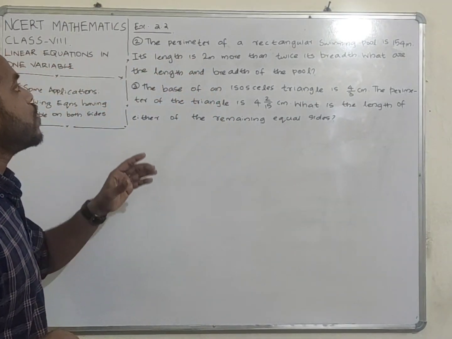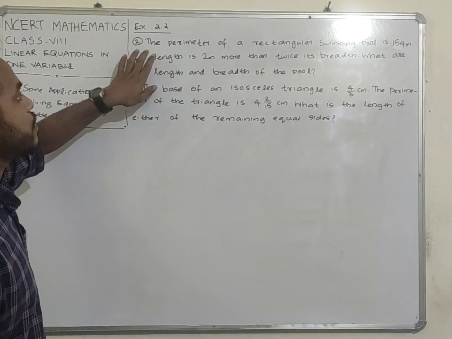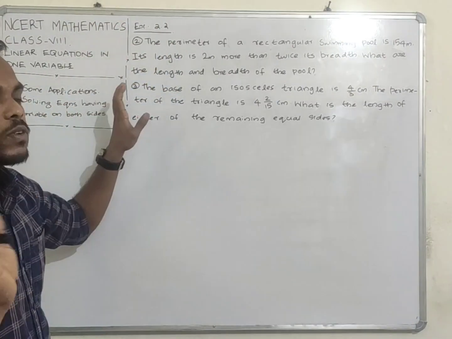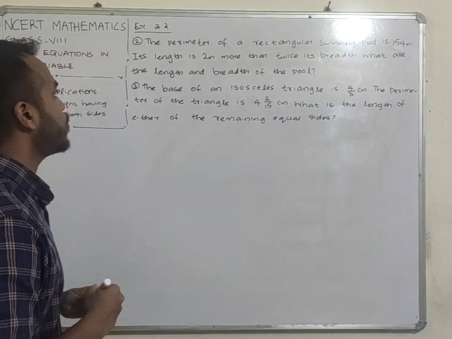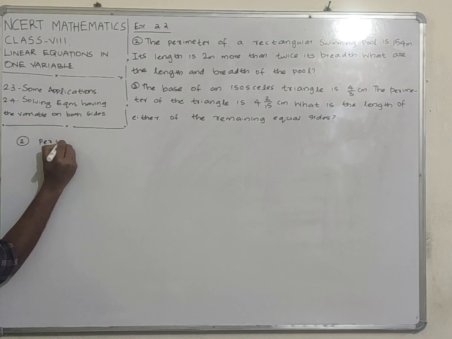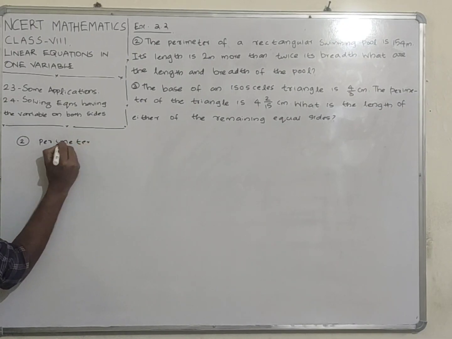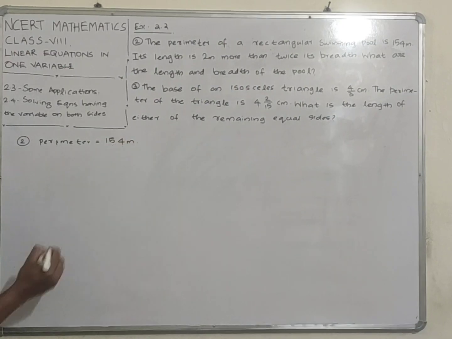Before going to that, let's try to deduce an equation from the given statements. So read the question once again. Perimeter of a rectangular swimming pool is 154 meter. We can write what all things are already given in the question. Perimeter is given to be 154 meters.